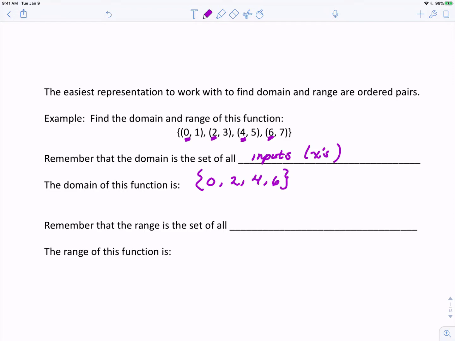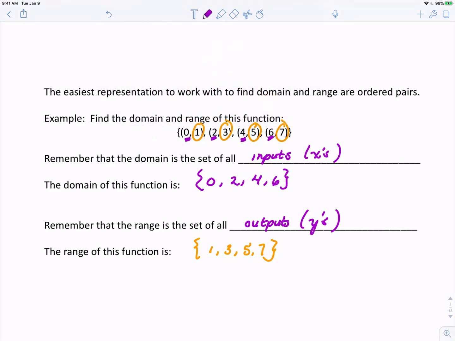Now the range is a set of all the outputs, or in other words, all of the y's. And so the y-coordinates are 1, 3, 5, and 7, and so we would say the range of this function is the set {1, 3, 5, 7}. So domain and range from a set of ordered pairs, super easy.